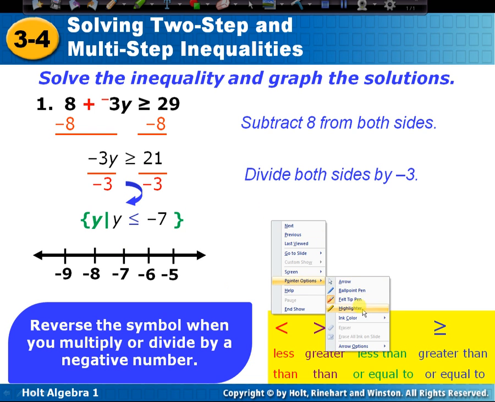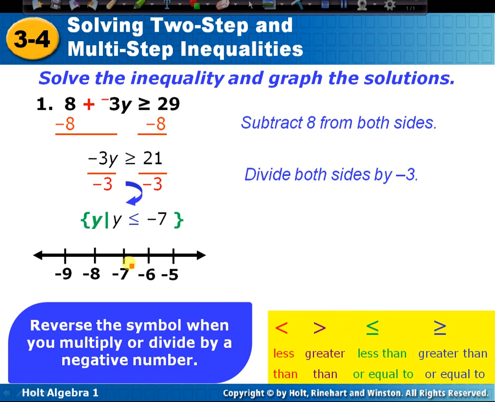Now, because I have an extra mark underneath my inequality sign, I'm going to make a solid circle there at the number negative 7. We say extra mark, make it dark. And then I'm going to shade everything that is less than negative 7. So you're going to shade your number line in this way.